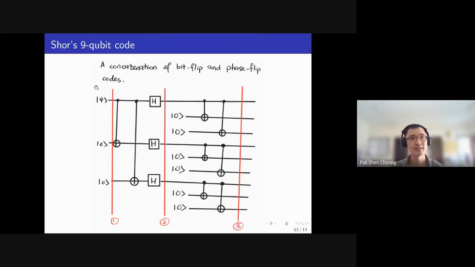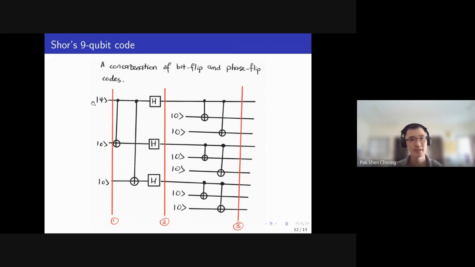So then the very first qubit code comes from Shor. He uses a 9 qubit code. Basically, it is a combination of the bit flip and phase flip codes.